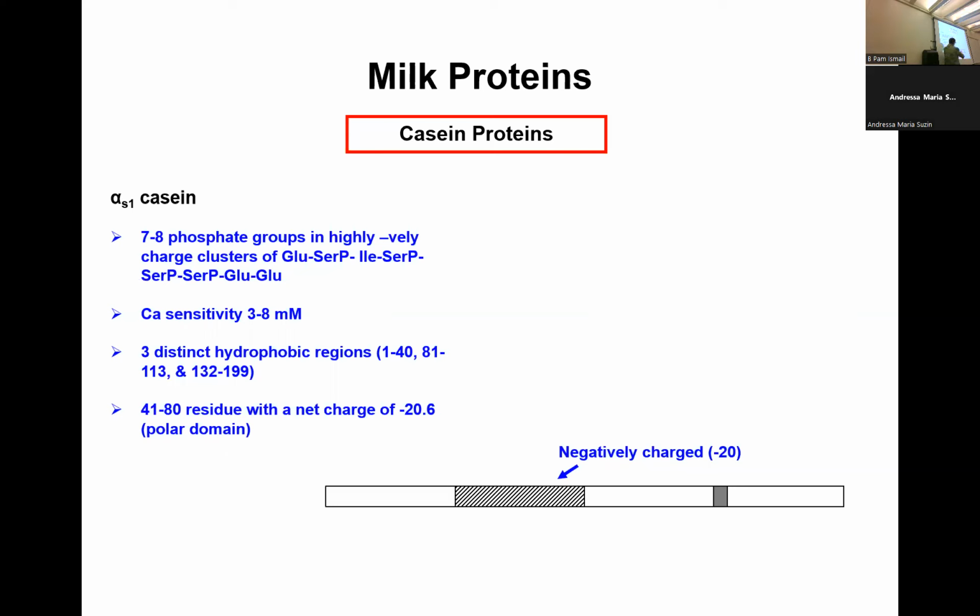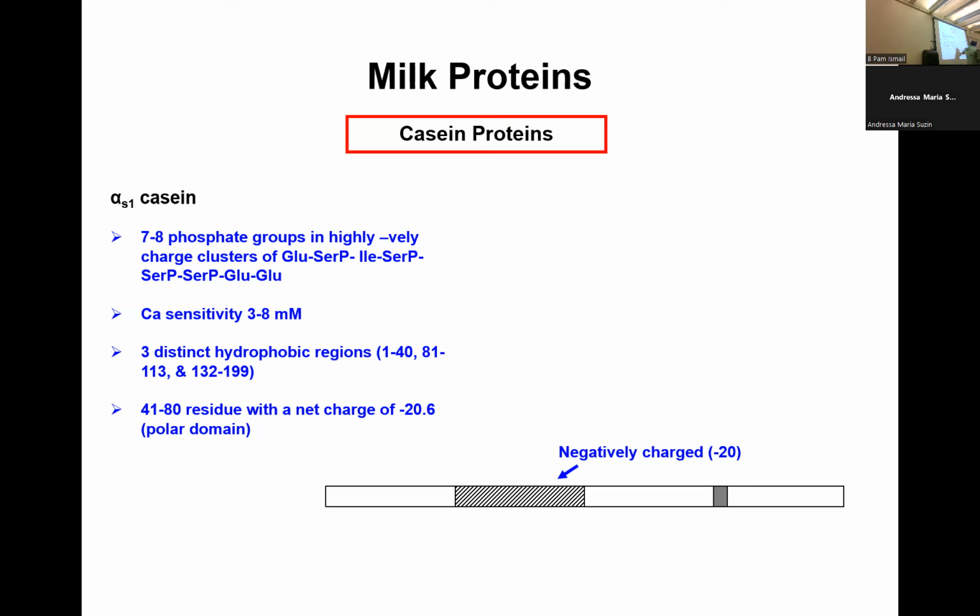It has a cluster. This is, let's say, its amino acid sequence, all opened up. Obviously, it's not like a rod, but it's just to demonstrate. So the white regions are hydrophobic. It has 3 hydrophobic regions or clusters, and it has a cluster that is mostly negatively charged with a net charge of -20.